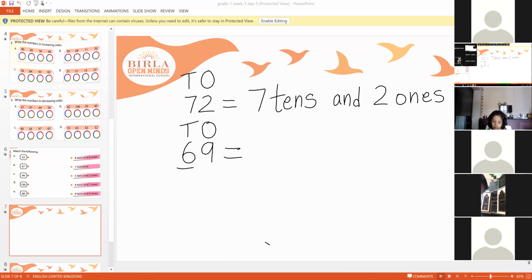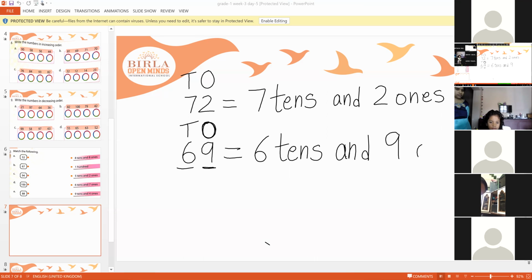Very good, Mayuri. So I will write here 6 tens. And what is the number in ones place? You can see this 9 here. This represents the number in ones place. So I will write here 9 ones. Okay?